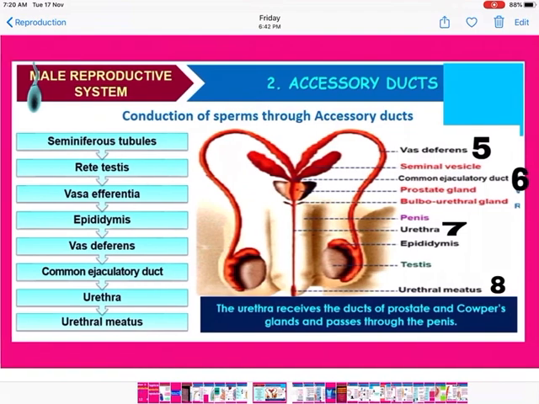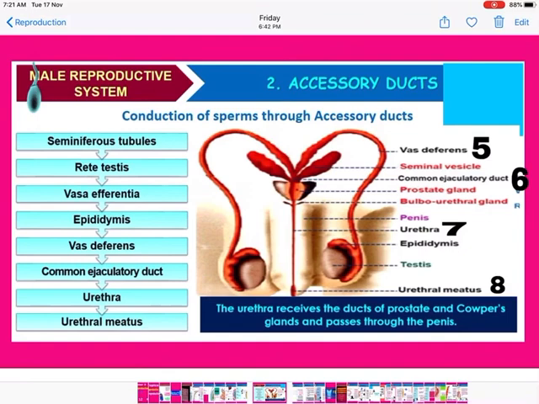See the diagram here. The conduction of sperms through accessory ducts. What is the passage? Seminiferous tubules, then rete testis, then vasa efferentia, then epididymis and vas deferens. See labeling number 5, it is vas deferens. Vas deferens from both the sides join together and form common ejaculatory duct.